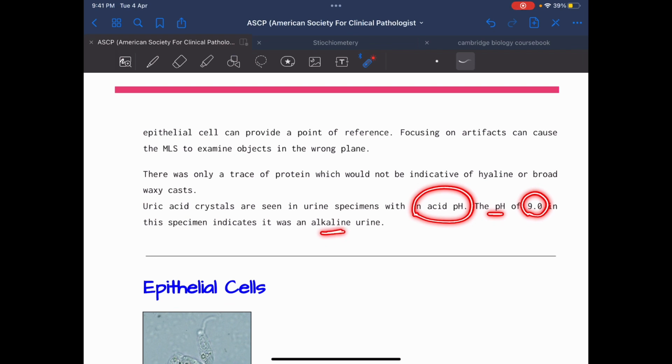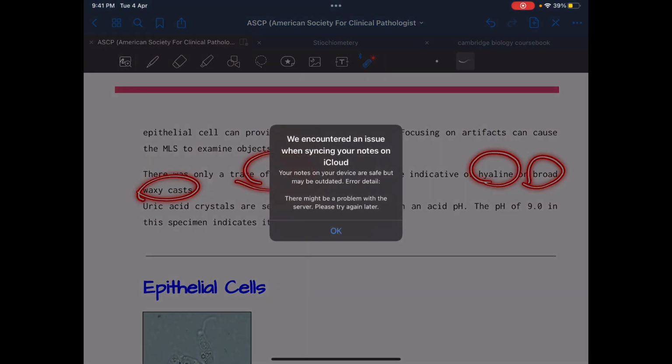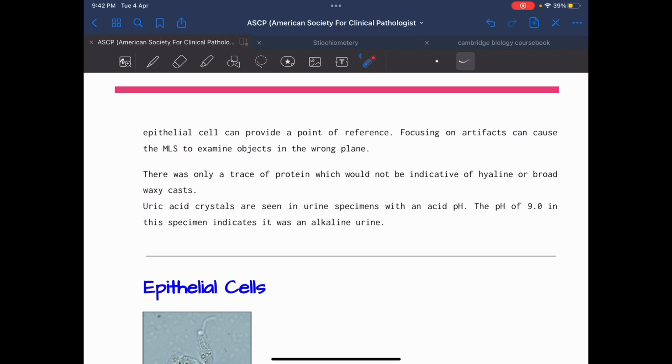So urine is alkaline, so you will not see uric acid. And protein is traces, so you will not see hyaline or broad waxy casts. So the answer here is the artifacts. Always take epithelial cells as a reference to examine the field.